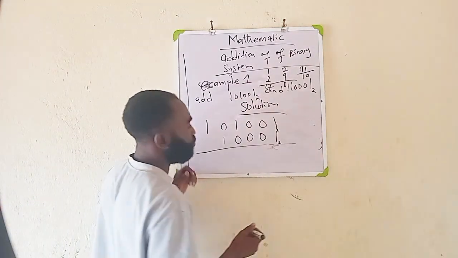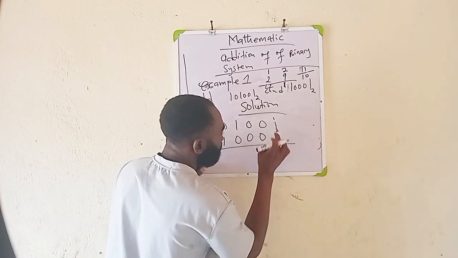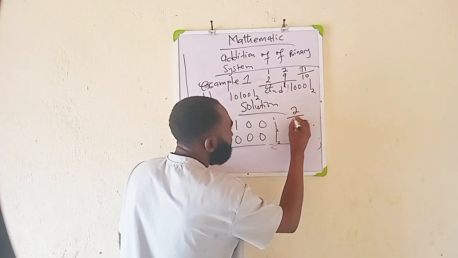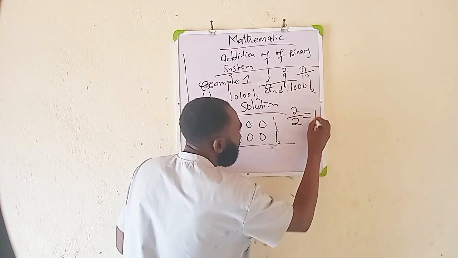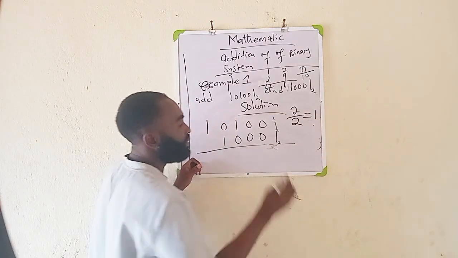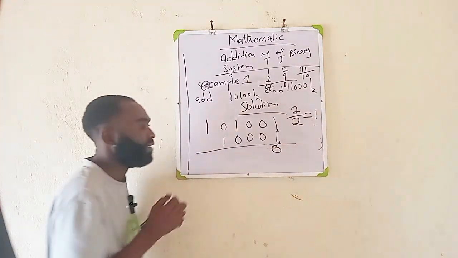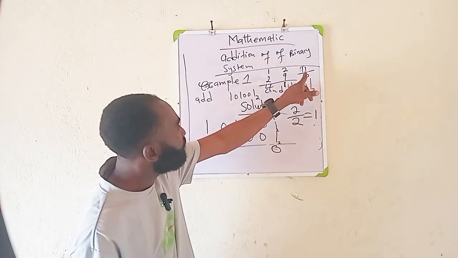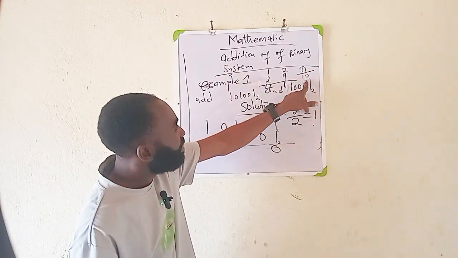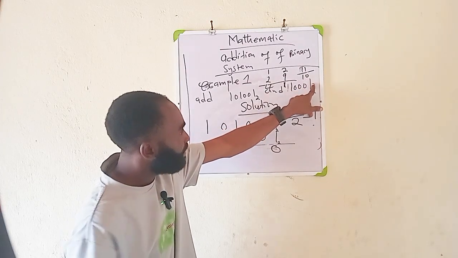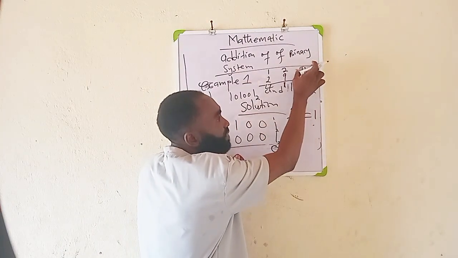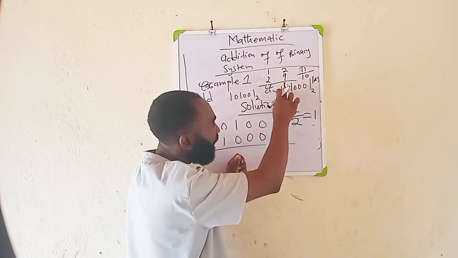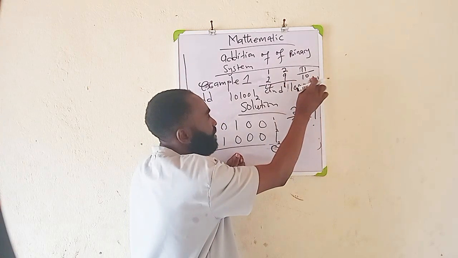Since 1 plus 1 gives us 2 and the base is 2, we divide 2 by 2. That gives us 1, remainder 0. That remainder 0 is what we put here. Remember, it's always the remainder. Even here, 11 divided by 10 is 1, remainder 1. We write the remainder here and take the main number 1 to the next column.